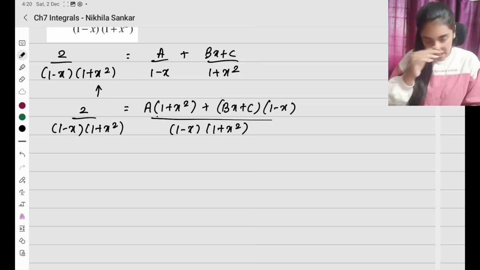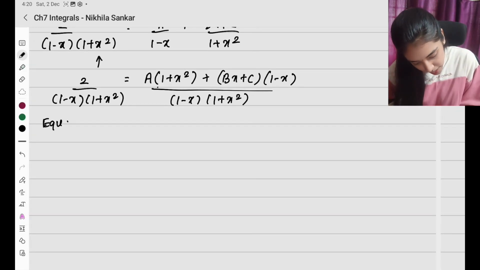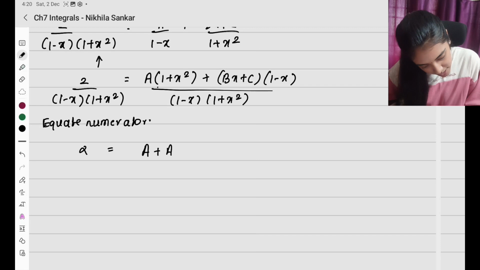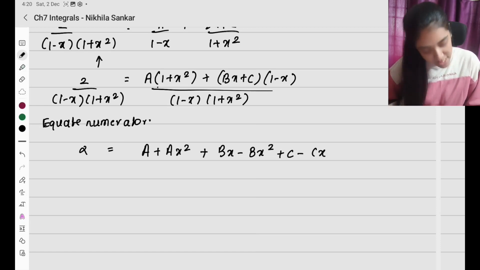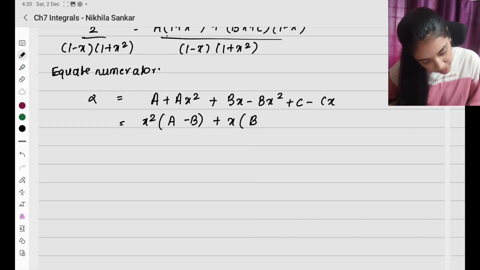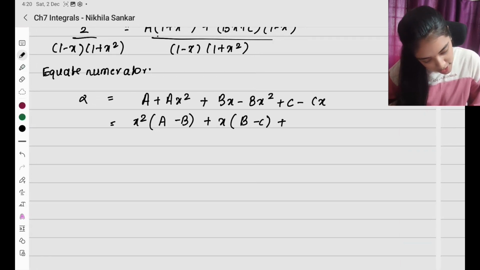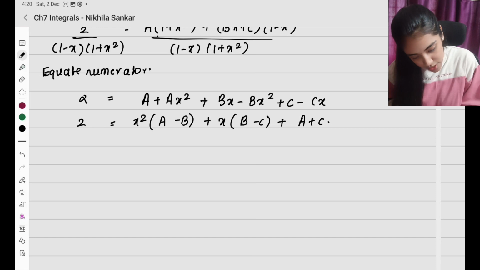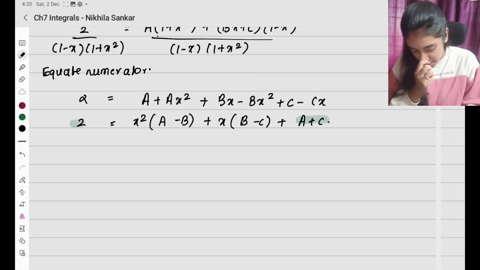When I equate the numerators, 2 equals a plus ax square plus bx minus bx square plus c minus cx. Now clubbing the x square terms, I have x square times a minus b, plus clubbing the x terms, b minus c, plus constants a plus c equals, I only have a constant on the left, which is a plus c. So all the others are 0.